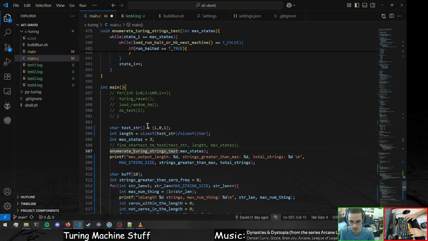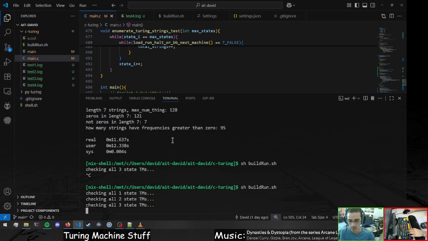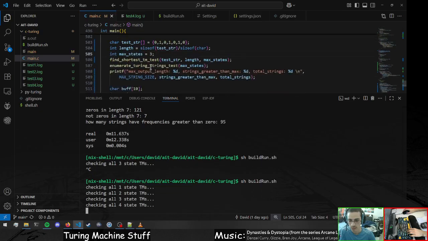And I'm gonna do this, and I'm gonna put it right there, and I'm gonna look for this string in the three state machines, and if it finds it, then, you know, that's good.